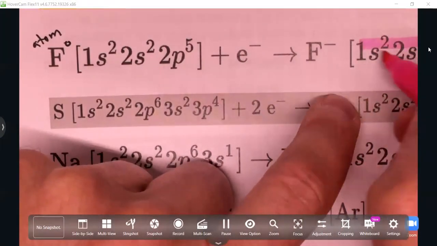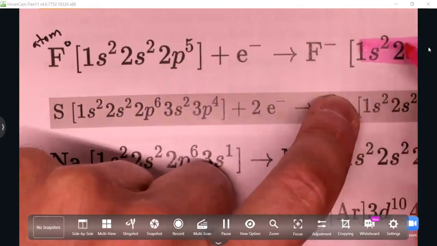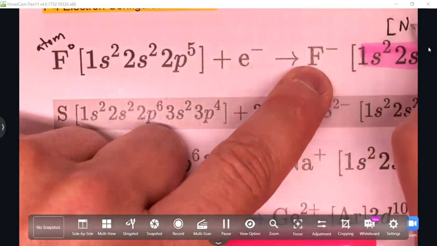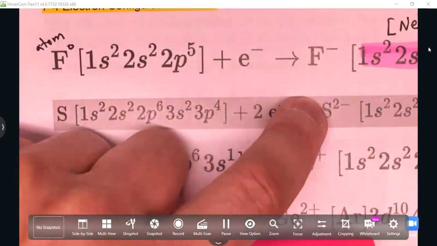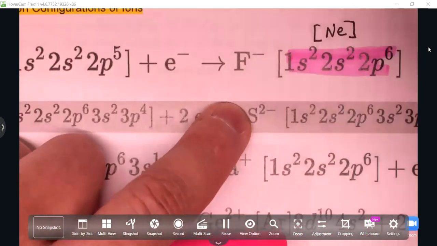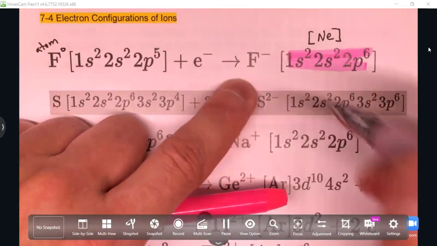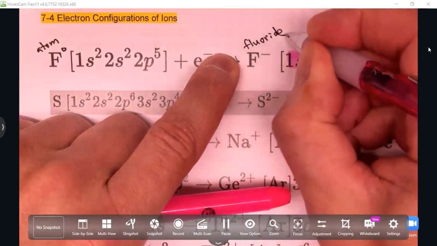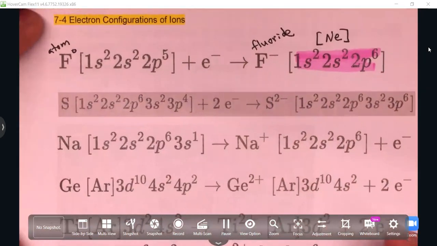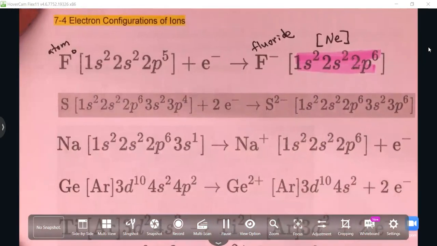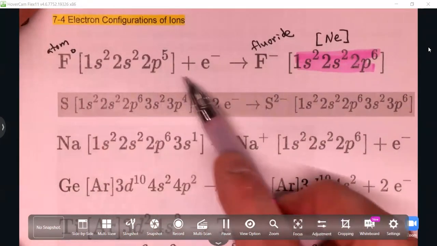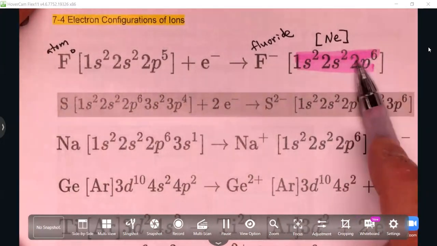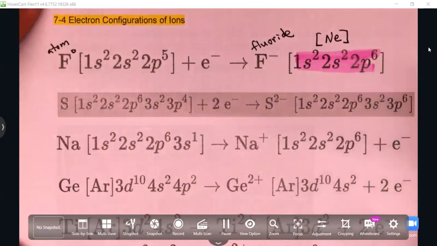To become a negative ion, this is the same electron configuration notation as neon, right? This would be the fluoride ion. We know that nonmetals want to gain electrons to become more stable. What is the key? Having 8 valence electrons, because that's what the most stable noble gases have.